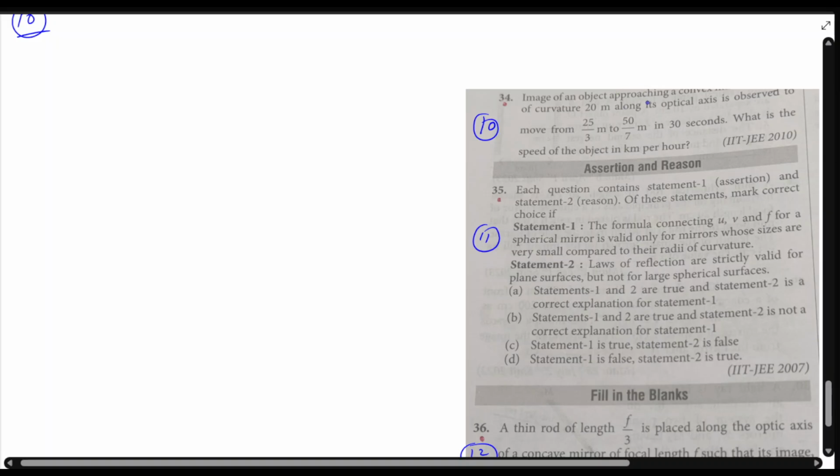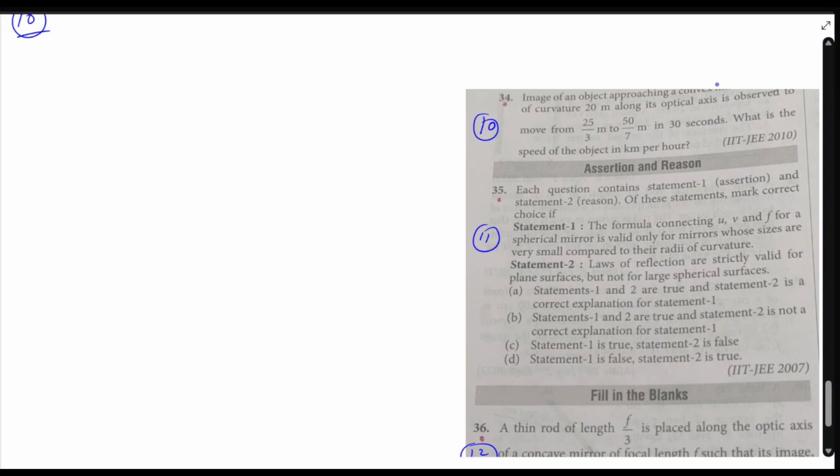Now, we have an image. Maybe this question is cut here. So this is a convex mirror of radius 20 centimeter, so we have R as plus 20 centimeter.